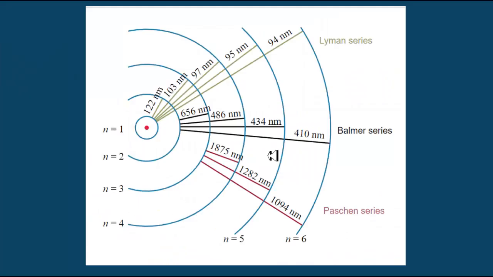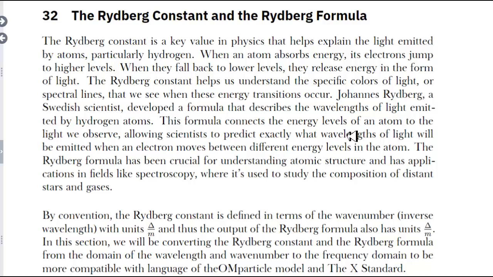Okay, so the Rydberg formula has been critical for understanding atomic structure and has applications in the field of spectroscopy, where it's used to study the composition of distant stars and gases.